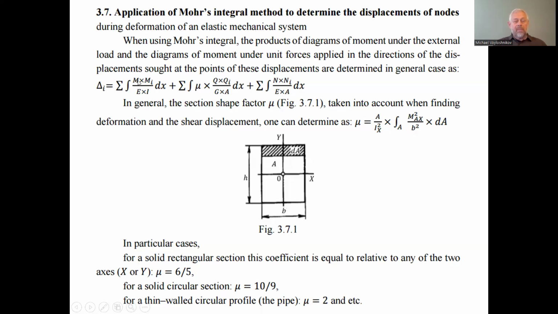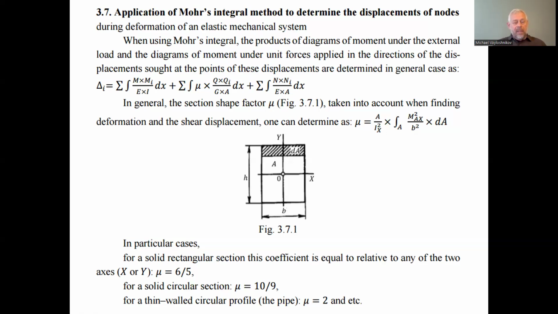Yes, because we assume the property of reciprocity of displacements for proportionally elastic mechanical systems. The displacement in each direction under the influence of a force applied in other directions is equal to the displacement in those other directions under the influence of the same force applied in the first direction.